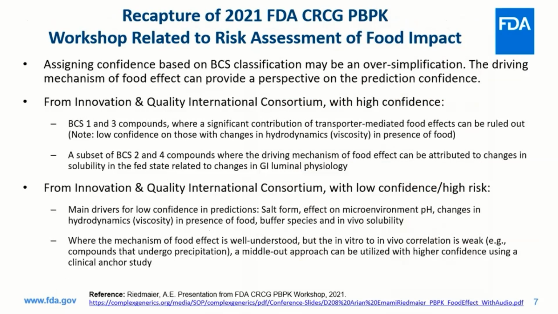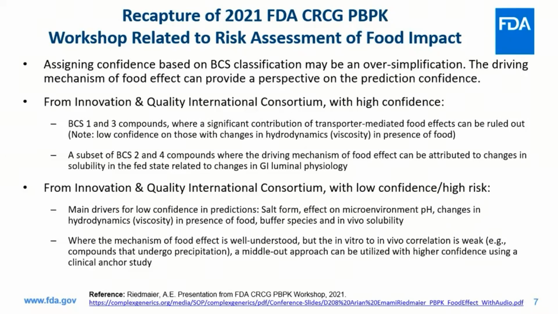While assigning confidence based on BCS classification may be oversimplified, here I would like to provide some takeaway points discussed in the 2021 FDA CRCG workshop related to risk assessment of food impact. From the perspective of the IQ consortium, high confidence of PBPK prediction of food effect is associated with BCS class 1 and 3 compounds, where a significant contribution of transport-mediated food effect can be ruled out.